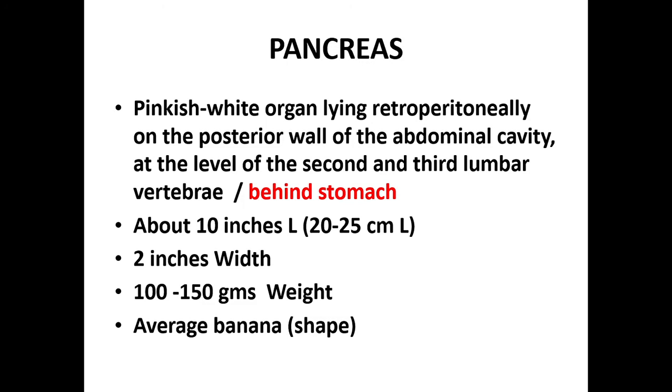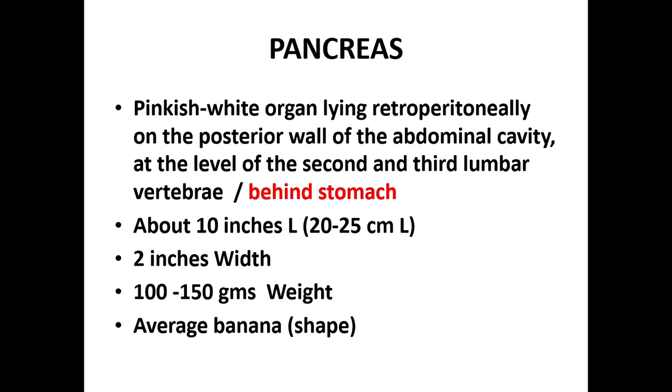The pancreas is a pinkish white organ lying retroperitoneally on the posterior wall of the abdominal cavity at the level of the second and third lumbar vertebrae, or simply the pancreas is found behind the stomach.